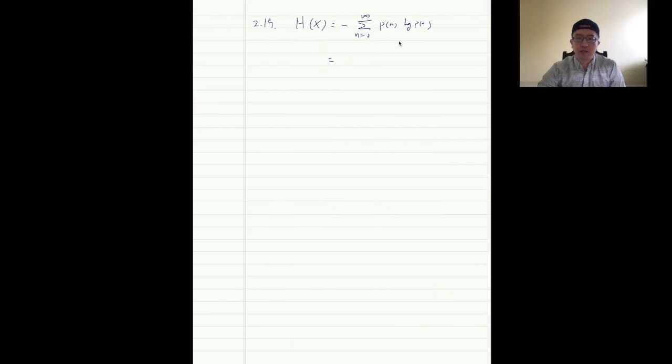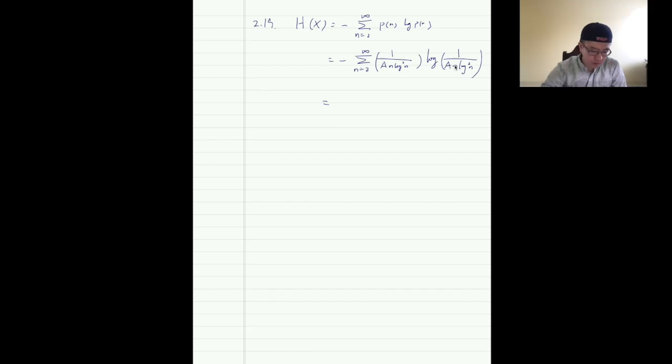Then we plug everything in. So this is 1 over A n log squared n, times log of 1 over A n log squared n, right?